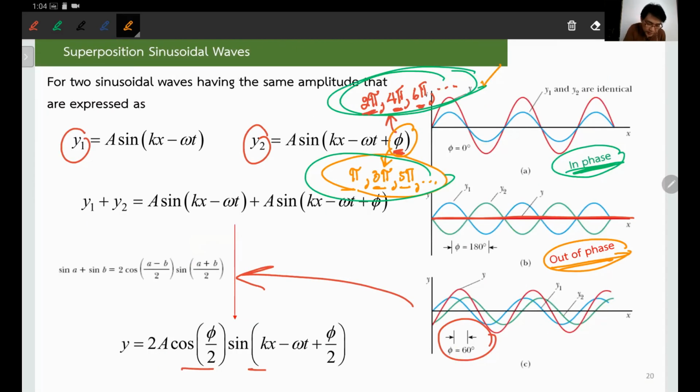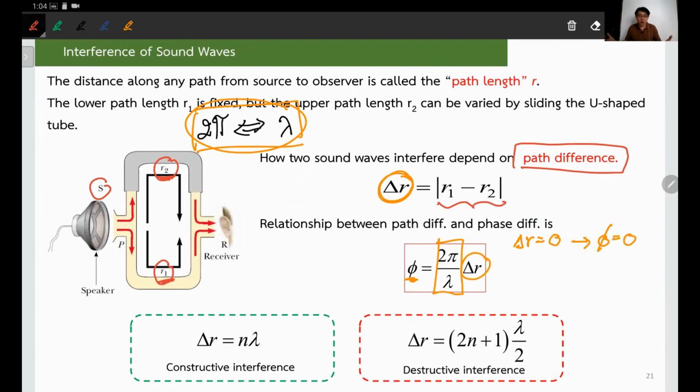Okay, I forgot to put the 0 in here, of course, but that's the easiest possible case, when there's no phase difference at all. So the two waves appear to the observer to be exactly the same. To the observer, which is me at this point, these two waves look exactly the same. So when the two waves look exactly the same, they will just add up. You get twice as big. That's a constructive interference.